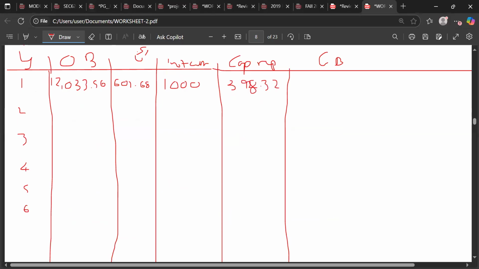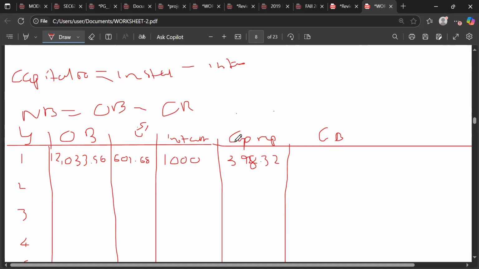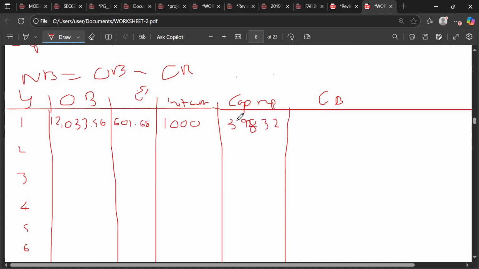And therefore, our closing balance, which is the opening balance minus capital repaid, is 12,033.56 minus 398.32, which will give us 11,635.24 as the closing balance.